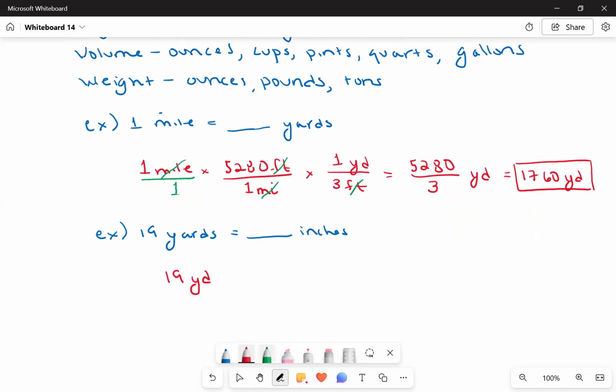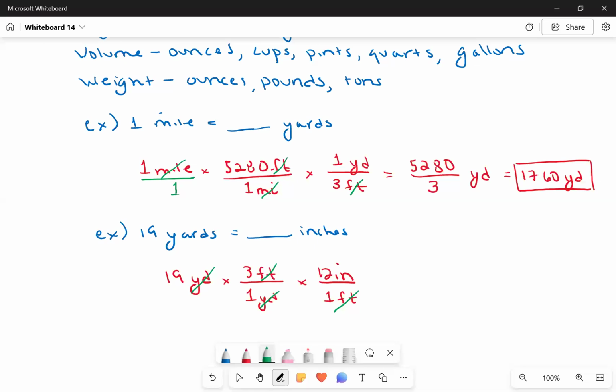I look at my conversion table and see that 1 yard is 3 feet, which I know from above. This time, though, I'm going to put yard in the numerator and feet in the denominator. That way I'm canceling yards. And then I see that 1 foot equals 12 inches, so feet will cancel.